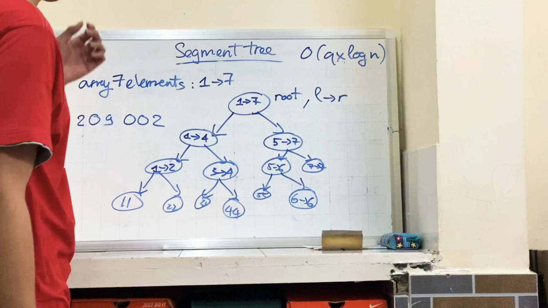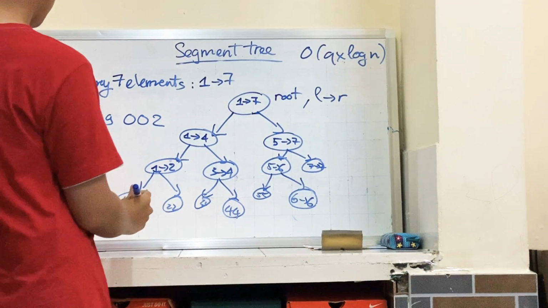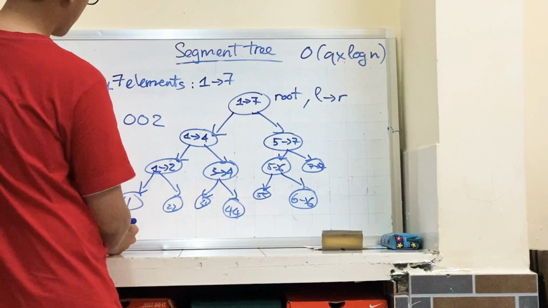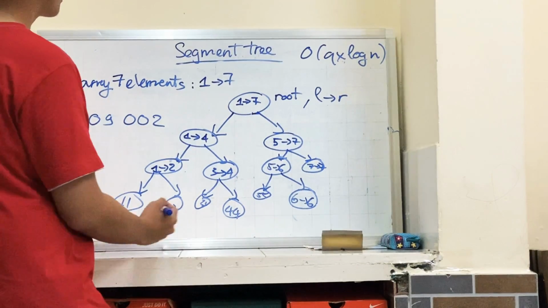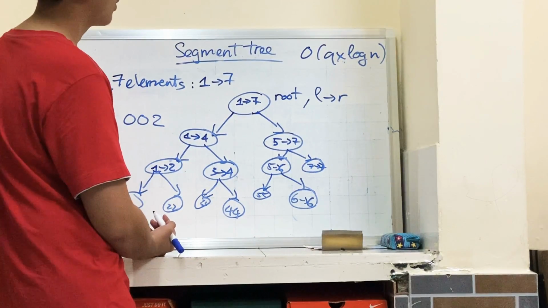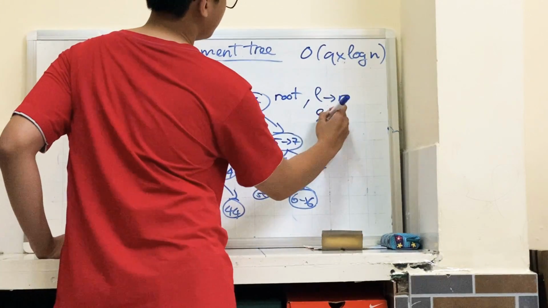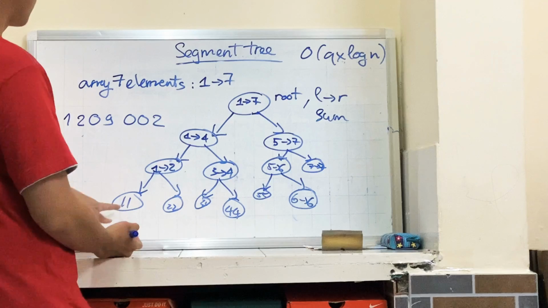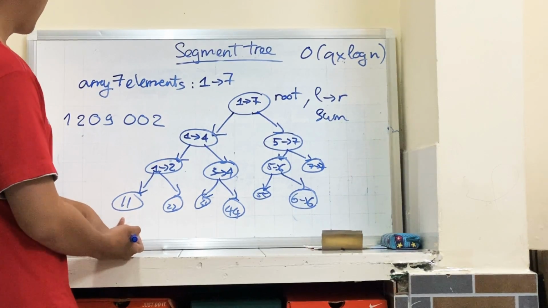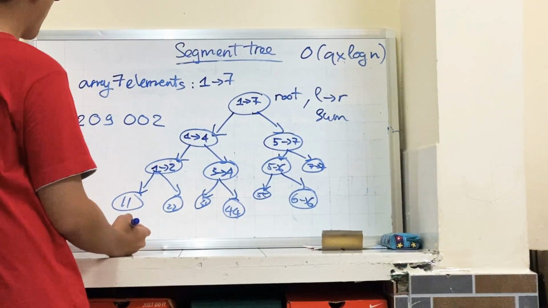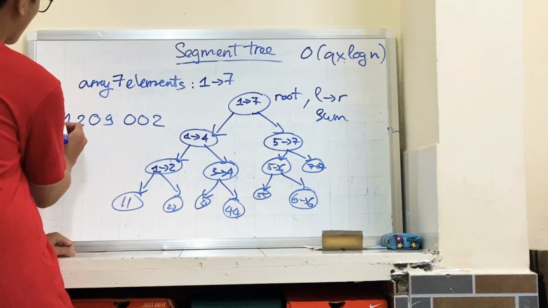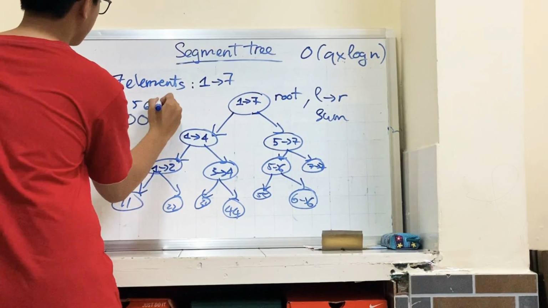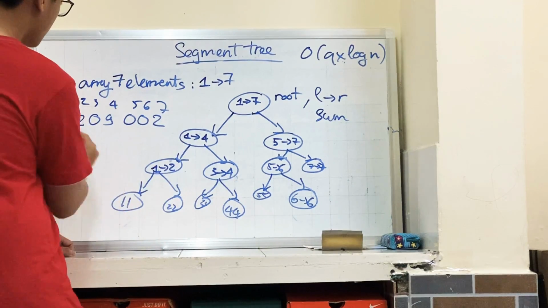We will build a segment tree that holds the sum of the interval. So these nodes hold the sum of intervals 1 to 1, 2, 3, 4, 5, 6, 7.